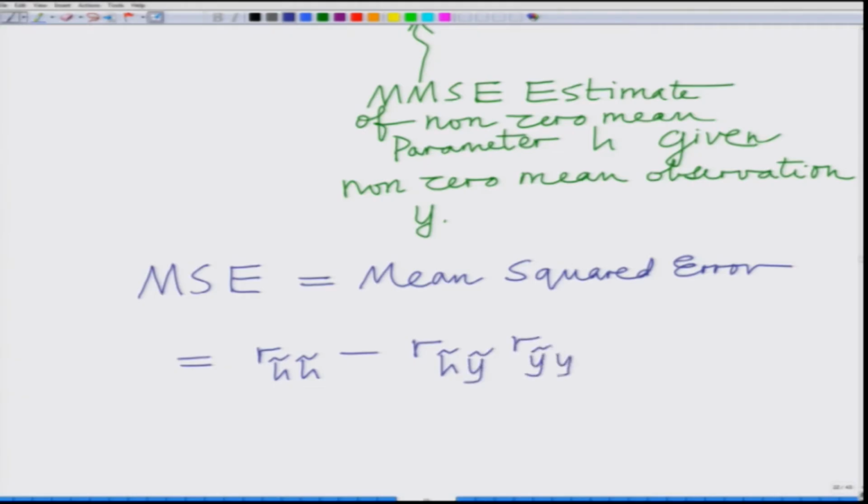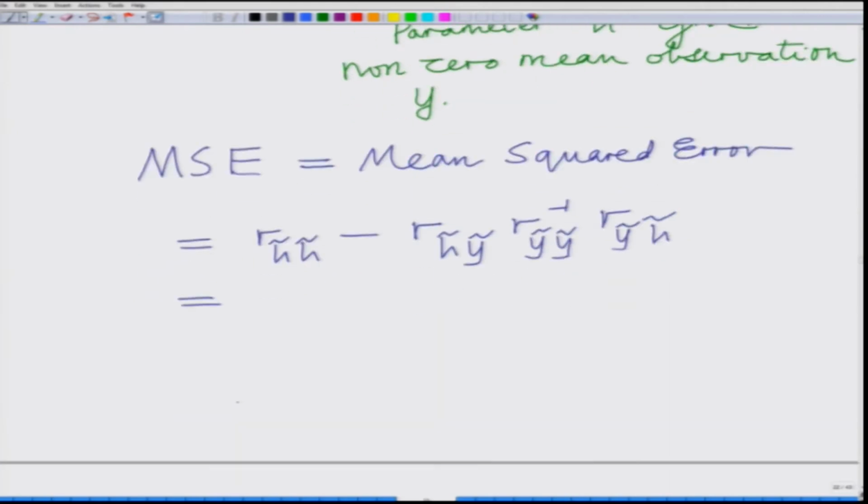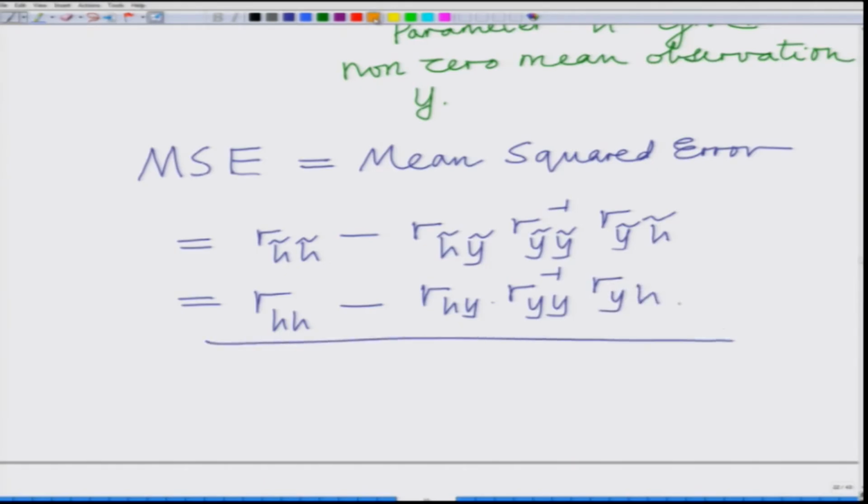Wherever I had y, I am substituting y tilde, wherever I had h, I am substituting h tilde. Now, R H tilde H tilde, remember, is equal to R H H. So, this remains the same expression, R H H minus R H Y R Y Y inverse R Y H. So, this expression is valid again, this is the expression for the mean squared error.